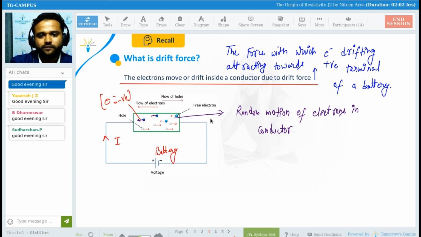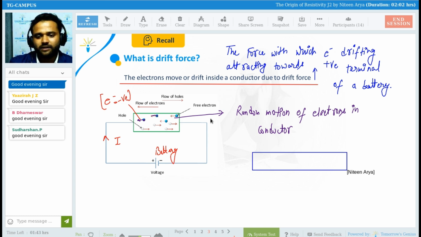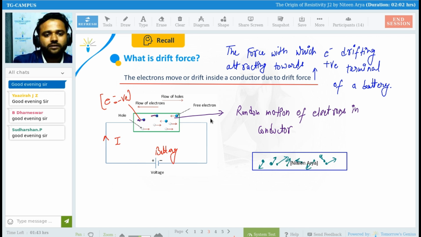Random motion of electrons: if I draw, suppose this is your conductor, so in this particular conductor, this is your electron randomly moving in any particular direction. This is known as your random motion of electron, in the absence of any particular battery or cell.